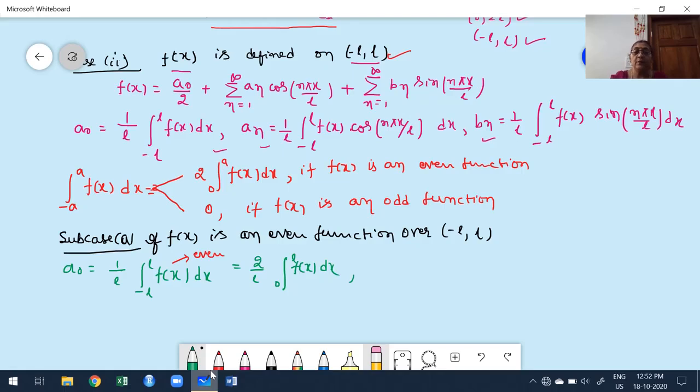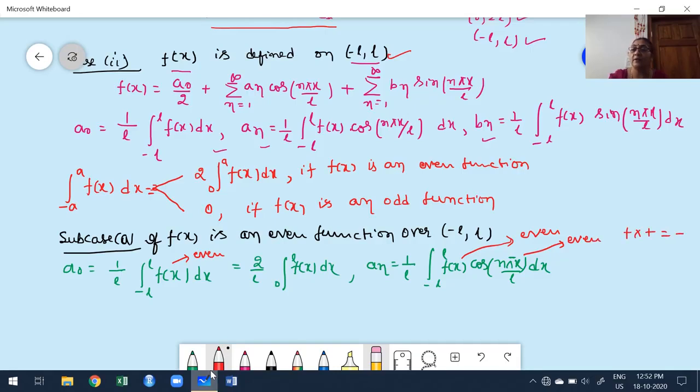And also, I have to find out AN. My AN is 1 by L, integral from minus L to L of f of x cos of n pi x by L with respect to x. Here observe carefully, f of x is an even function, we already assumed. Cosine functions are even, you already know that. Plus into plus is plus, where plus is even function and minus is an odd function. Now here, the product of two even functions must be even.